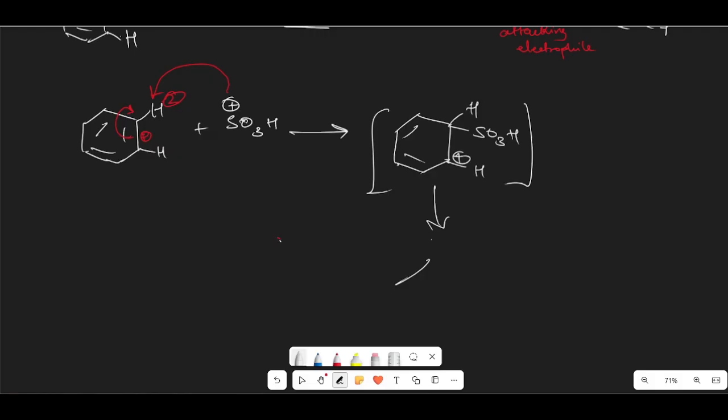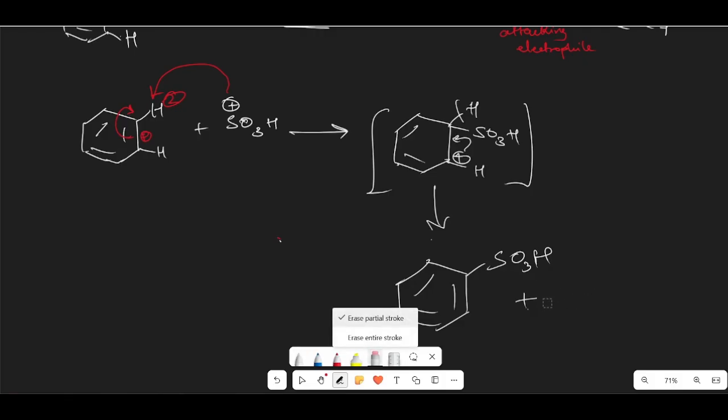This arenium ion will be rearranged in such a way that we will lose this hydrogen, this pi bond transfers back, and we will get benzene sulfonic acid as it is, with a water byproduct. As that single H, that proton will go and attack the hydroxide. This forms H2O.